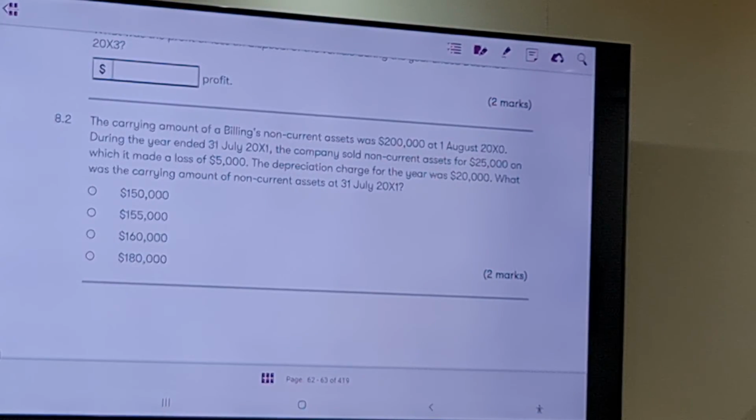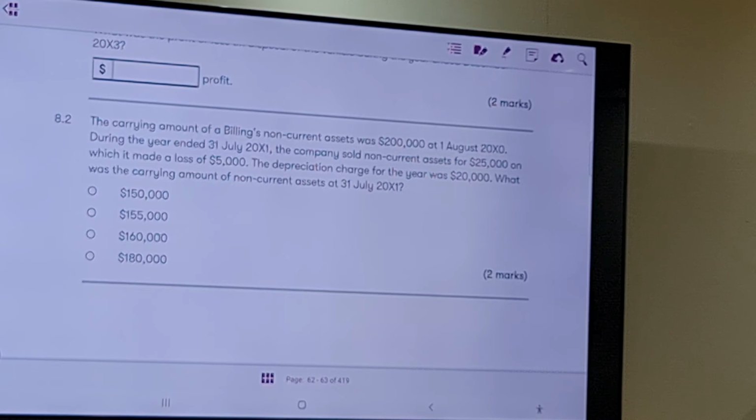Okay, this question, what is that? Do you have the idea or you don't? I deduct all from 200,000. Excellent.